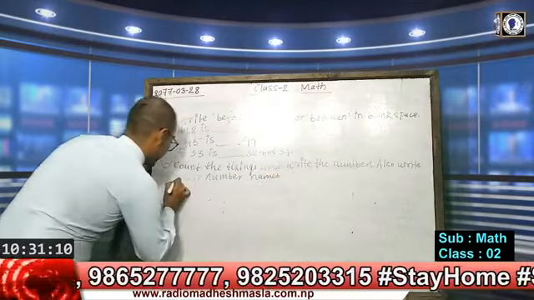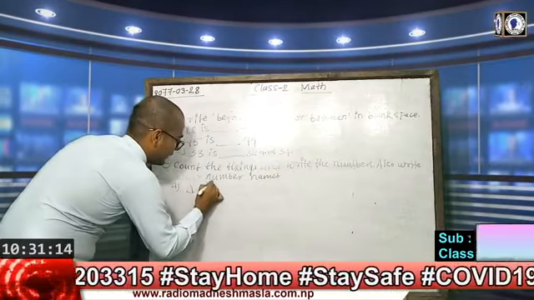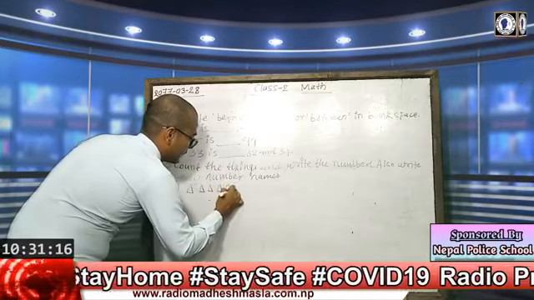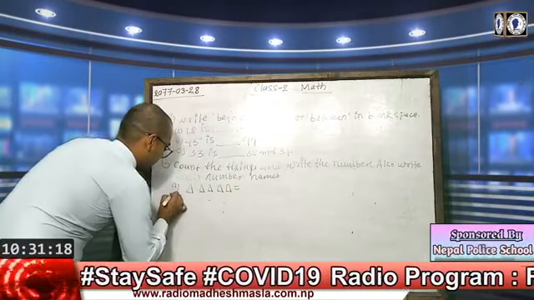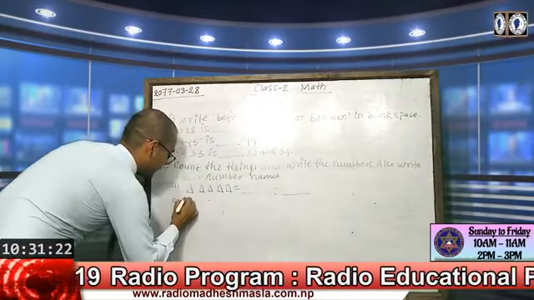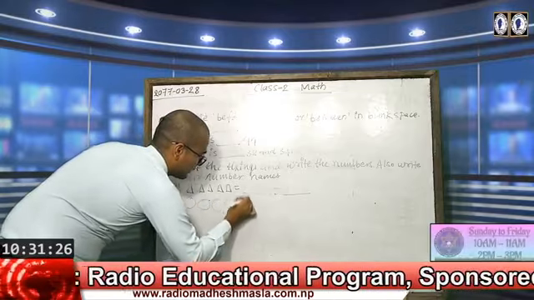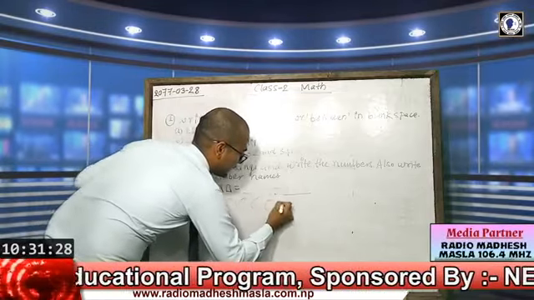For this, in the first question there are given 5 triangles. Draw 5 triangles. Then B, we have given 1, 2, 3, 4, 5, 6, 7 circles.